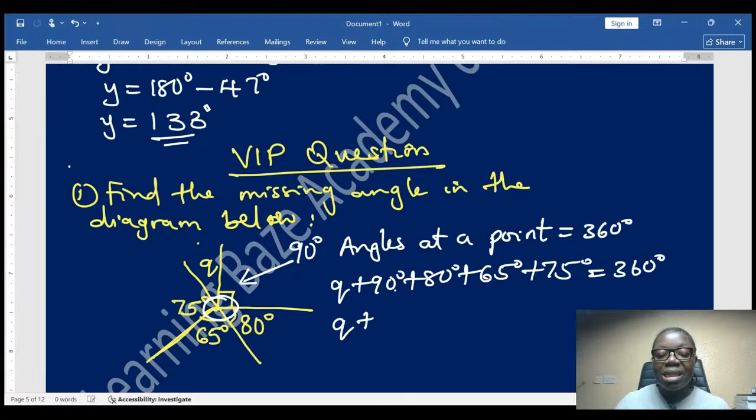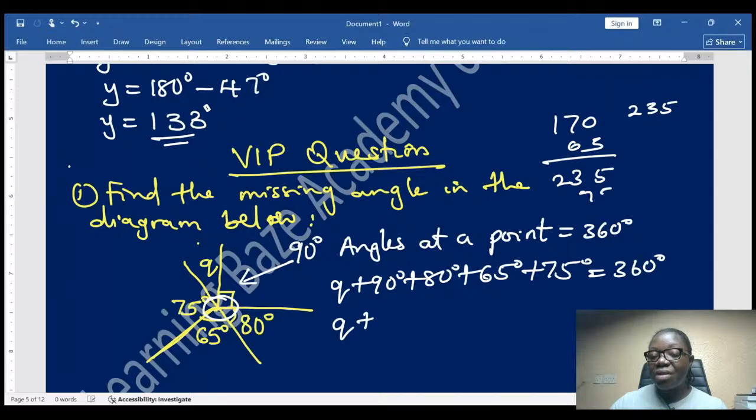So Q plus 90 plus 80 is 170. 170 plus 65 is 235. Let's add 75 to it: 235 plus 75 is 310 degrees.